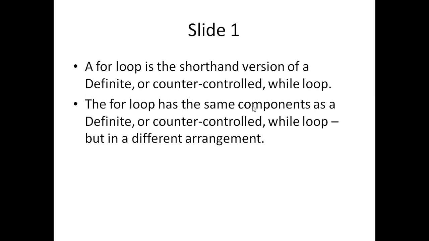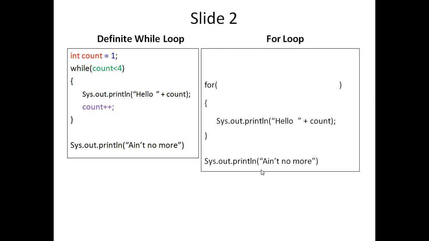The for loop has the same components as a definite or counter-controlled while loop, but just in a different arrangement, and so that's what we're going to look at right now. In the definite while loop, we have the 5 elements: the control variable that has been declared and assigned. You have the while statement, which is where the control variable is going to be tested.